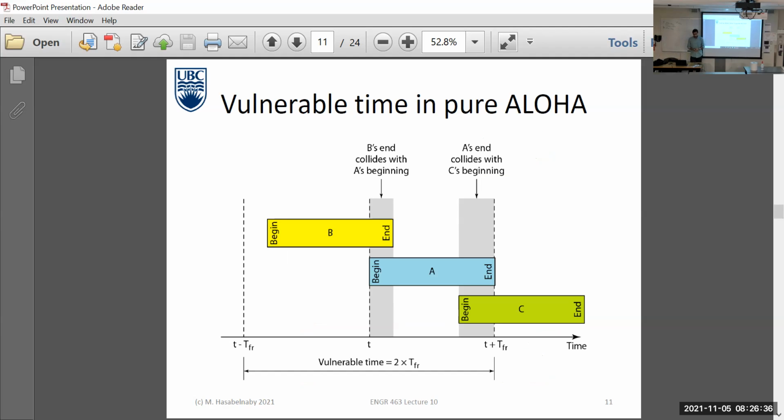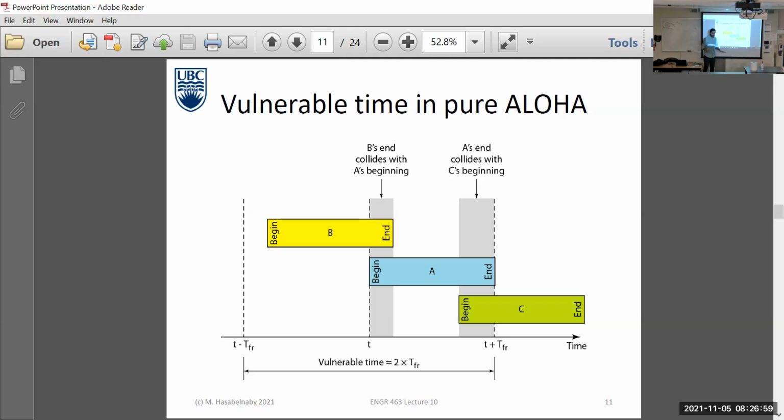Okay. So we must measure a metric called vulnerable time. As you can see here, this is our frame, Frame A. We want to ensure that this frame is transmitted successfully.